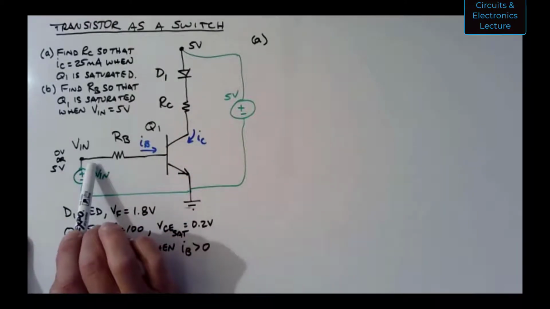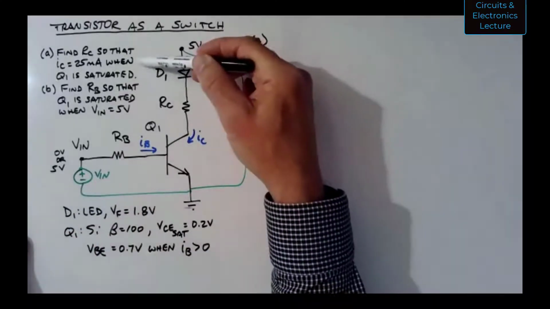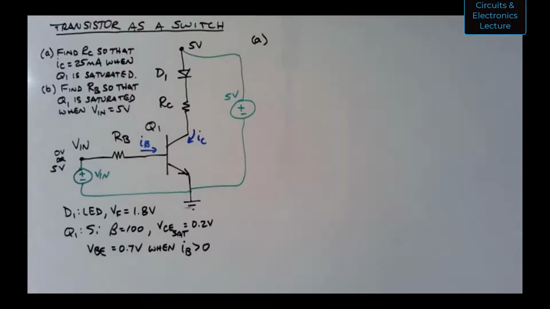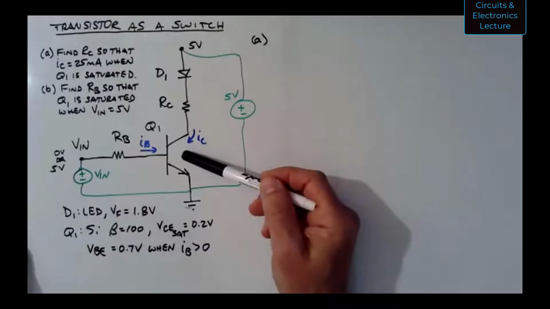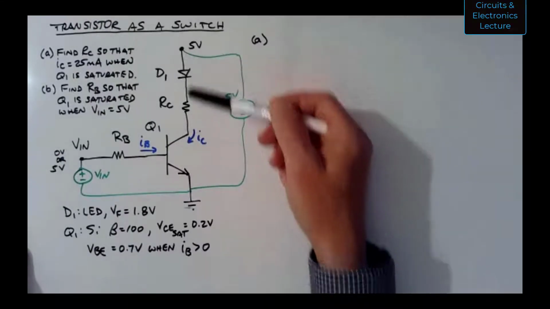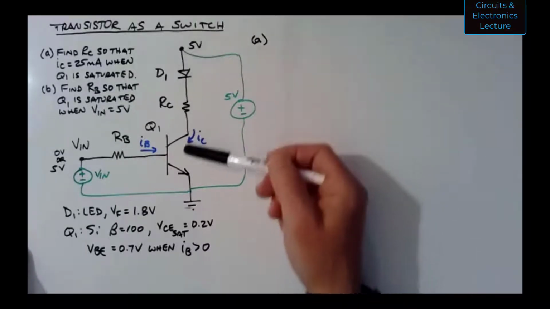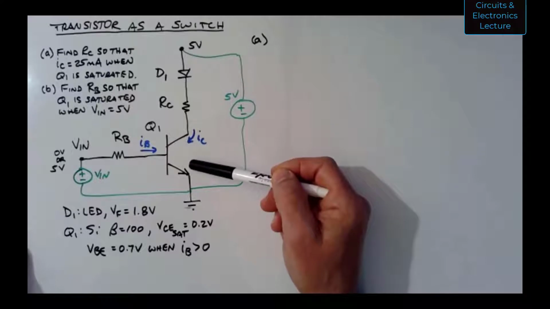When Vin is 5 volts, I want the LED turned on so that 25 milliamps is flowing. Does that make sense? Yes, thank you. So that's what I mean, that this transistor is acting as a switch. It is acting to either cut off current through that light emitting diode or to allow a certain current to pass through that diode.